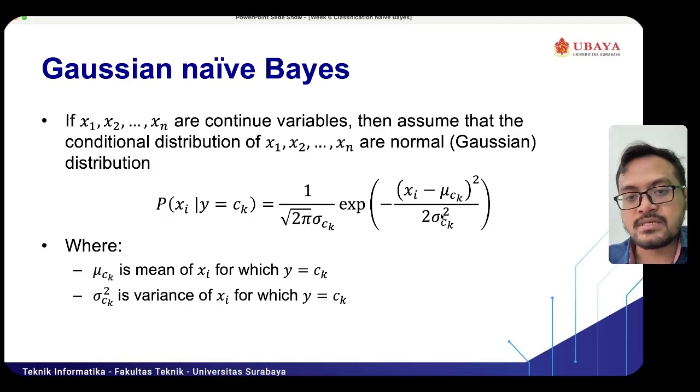Sigma squared means the variance, sigma is the standard deviation. Mu ck is the mean value of xi for which y equals ck, and sigma squared ck is the variance of xi for which y equals ck.